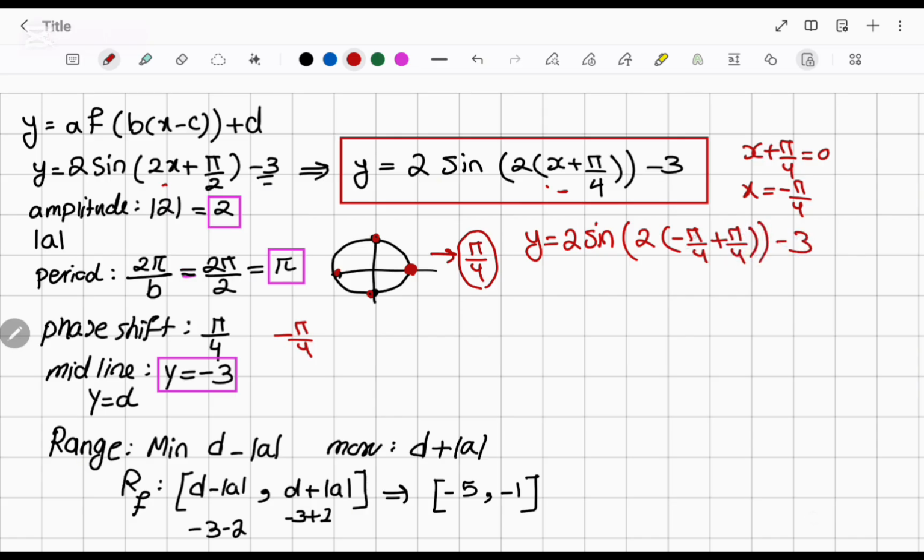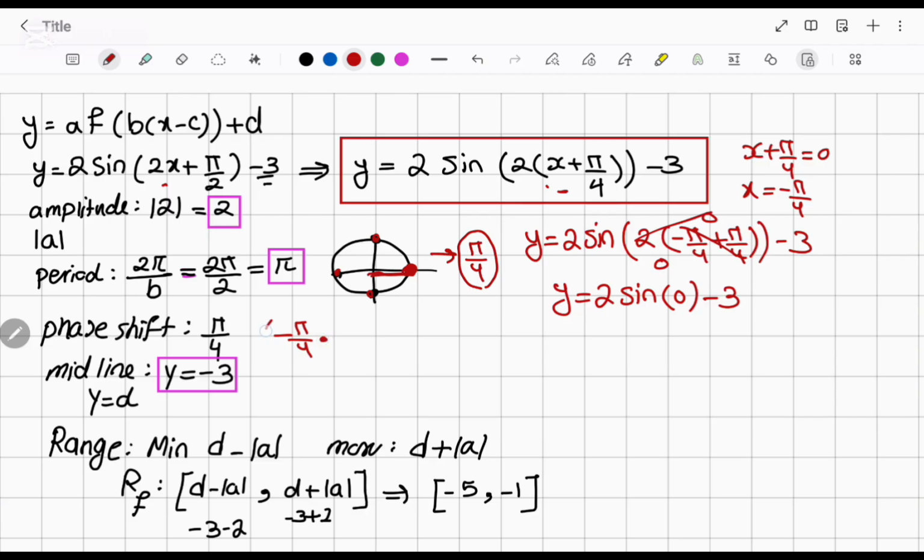Negative pi over 4 plus pi over 4 is going to be 0, and 2 times 0 is 0. So you're actually finding 2 sine of 0 minus 3. Do you see that? I got the first angle in these 4 quadrants, 0. So that's going to be the first one.